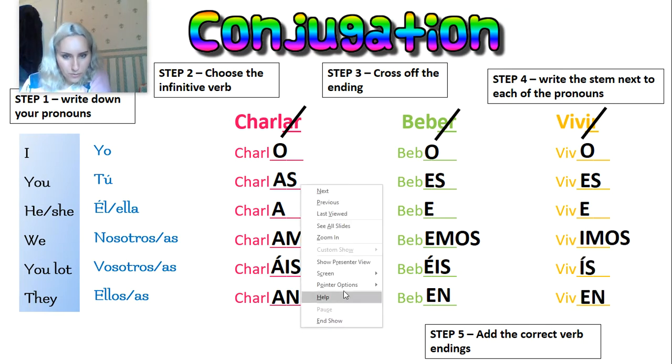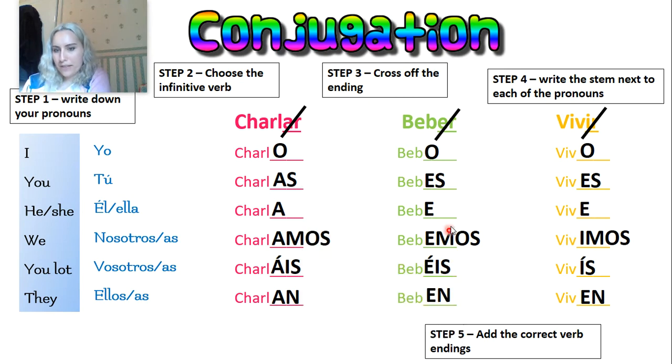So you will see that ER verbs and IR verbs are very similar in their endings. All three in the I form end in o. ER and IR are the same apart from in the we and the you lot form.